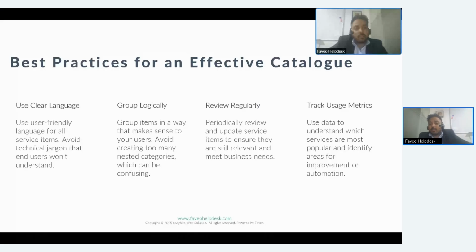Once you start getting requests, it's hard to understand which category is under which item, and when you start requesting, you need an approval on that. When you start tracking these metrics, you will be able to provide the most effective catalog to your users, and you can improve by getting feedback from your users.